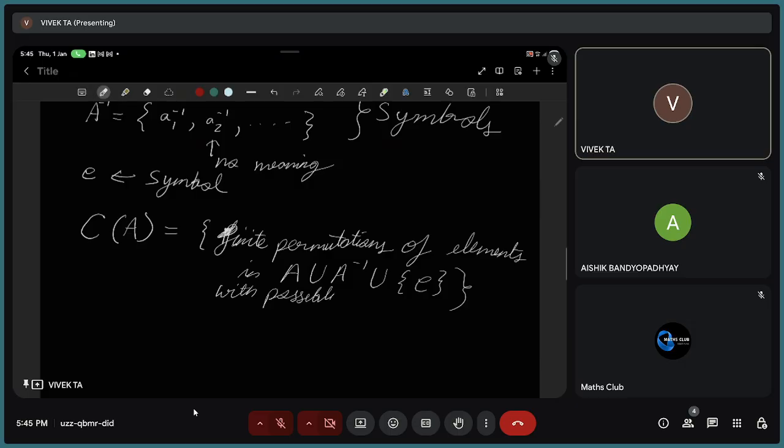I mean, repetition is not necessary, but possibly repetitions.